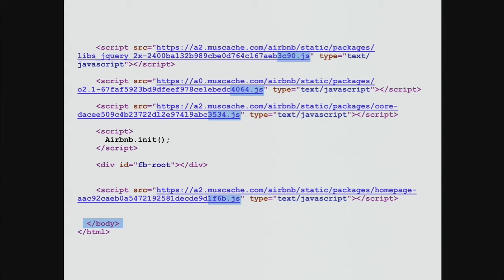So this was a best practice for my first book in 2007. Put all the scripts at the bottom of the page. And then in 2008, the first browser came out with this thing called the preloader. It used to be you put the scripts at the bottom of the page, and it doesn't block anything from rendering, right? Because all of the elements above it have already been rendered. But then browsers created this thing called the preloader.